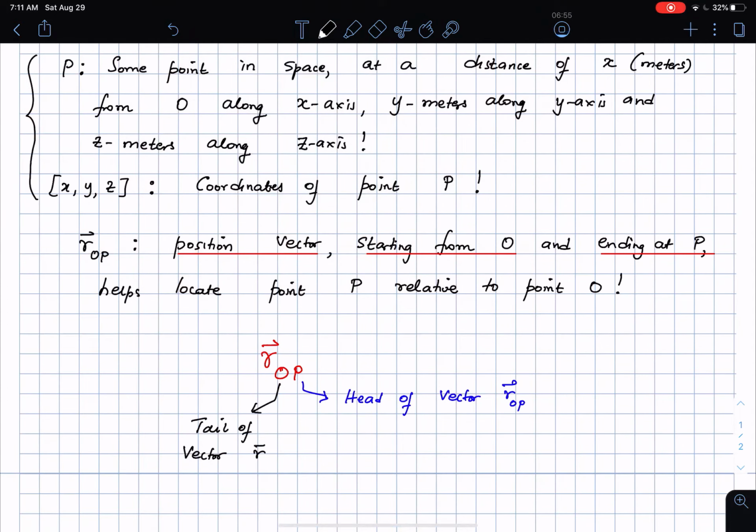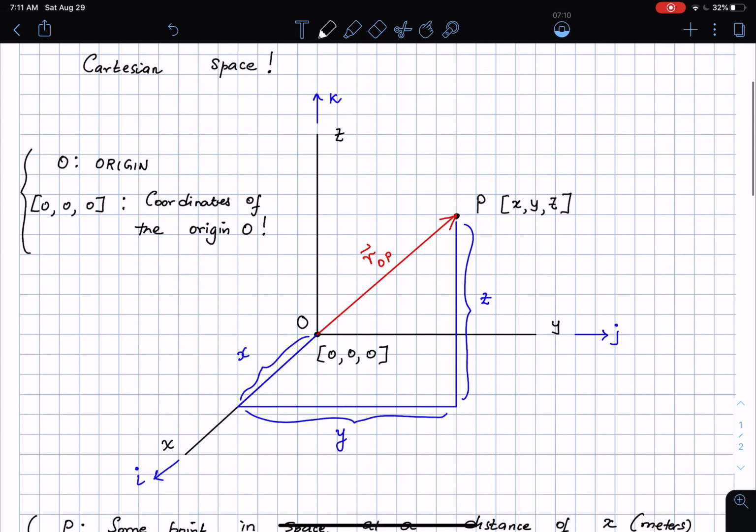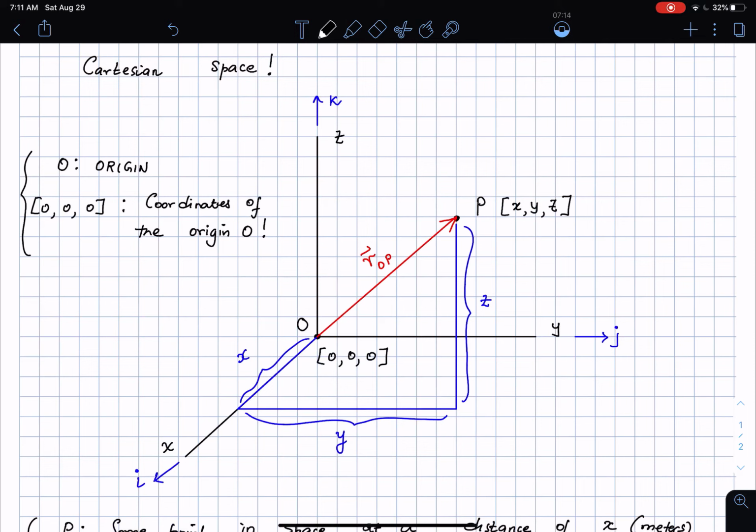This is the position vector from O to P. If you go back and look at the figure, you can see that the vector R_OP starts at the point O, which is the tail of the vector, and ends at the point P, which is the head of the vector.